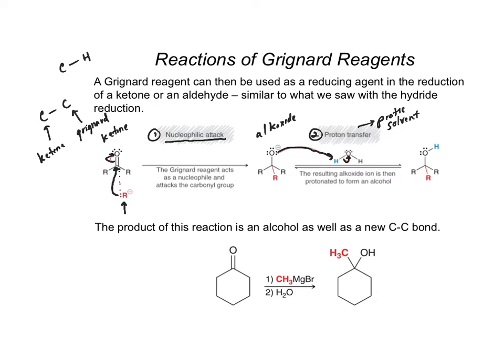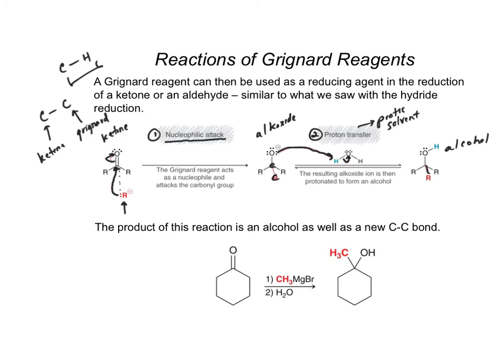It's going to take a proton from that protic solvent, and we're going to end up with our alcohol at the end of the day. Okay, so exact same type of mechanism here. The big difference being that instead of this carbon-hydrogen bond, we're going to get our carbon-carbon bond. Instead of adding a hydrogen there, we're adding an alkyl group, whatever the Grignard reagent is.